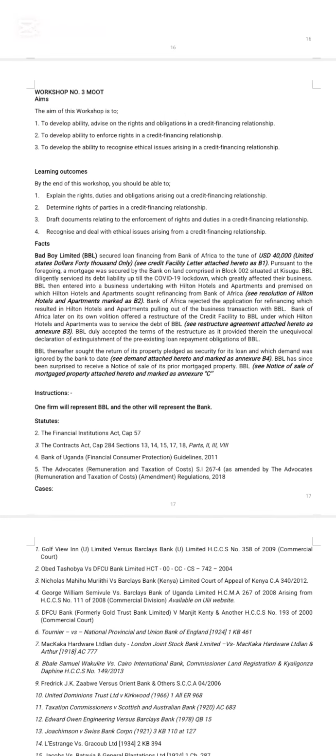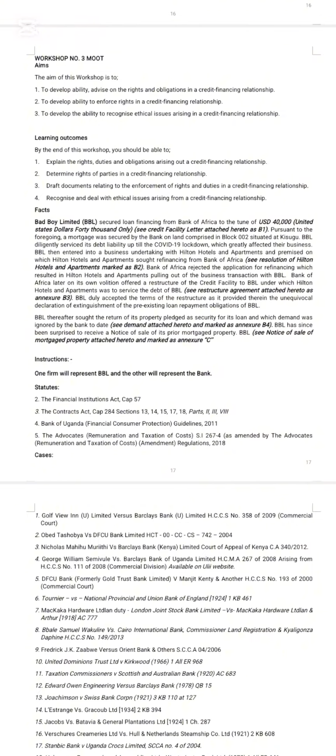Workshop 3: Bad Boy secured loan financing from Bank of Africa, to the tune of USD 4 million. Pursuant to the foregoing, a mortgage was secured by the bank on land comprised in Block 00. BBL diligently serviced its debt liability up till COVID-19, which greatly affected their business.